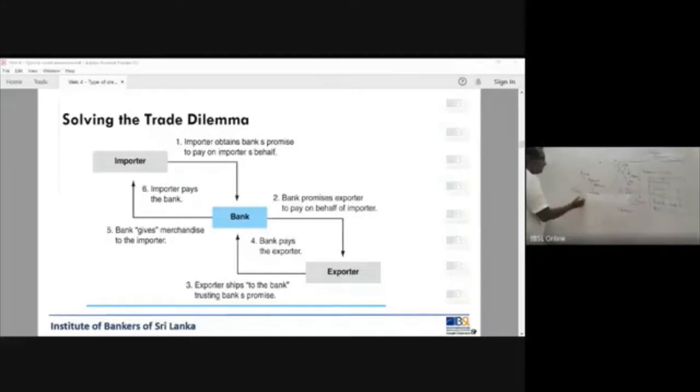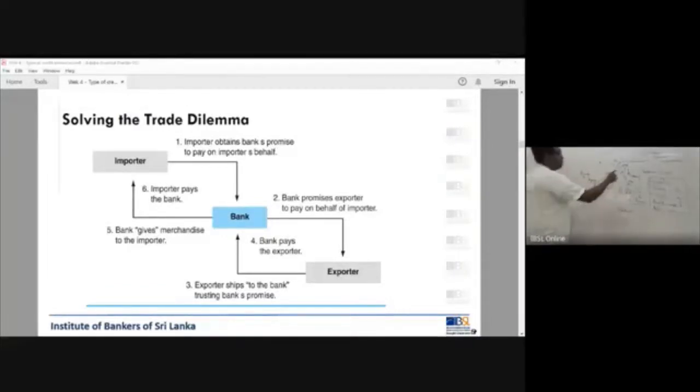This is the contract or invoice or purchase order. These two are connected through the letter of credit. Through the letter of credit, this connection happens like this.